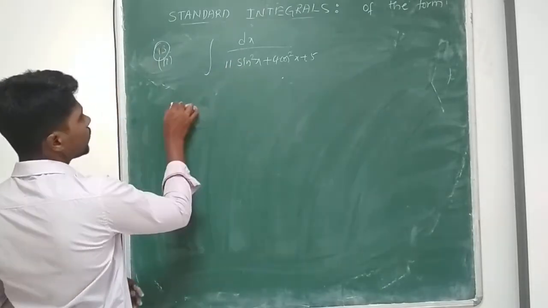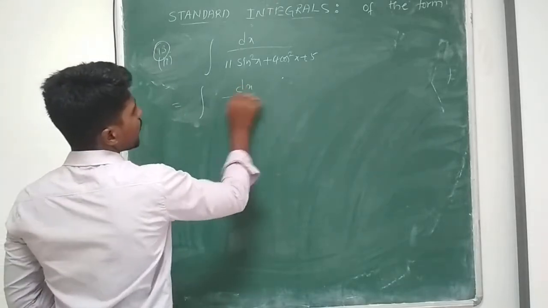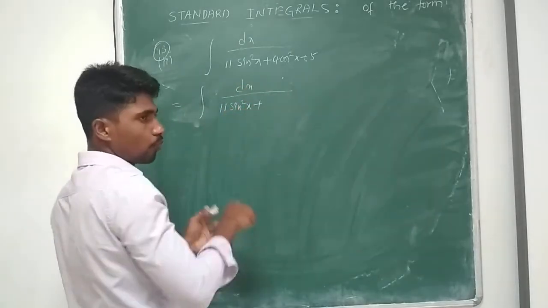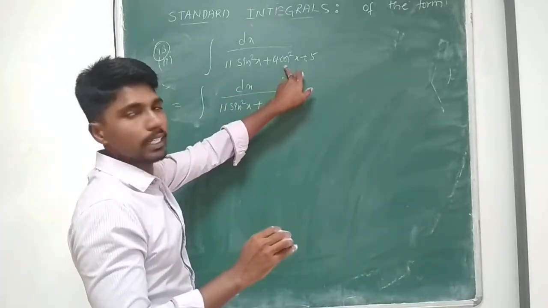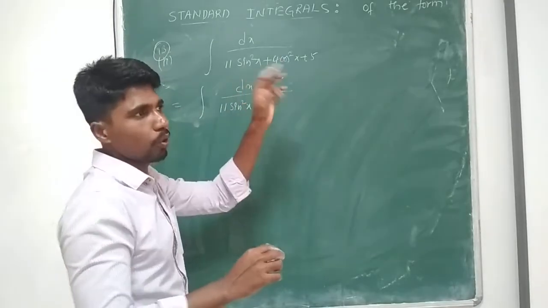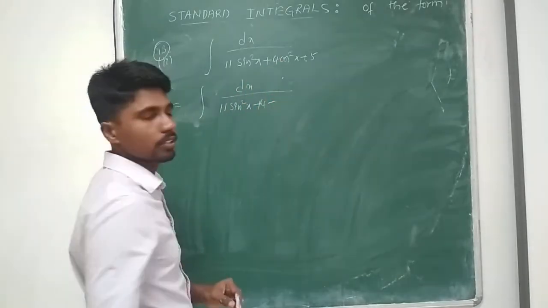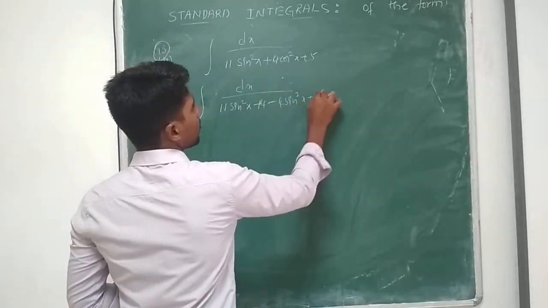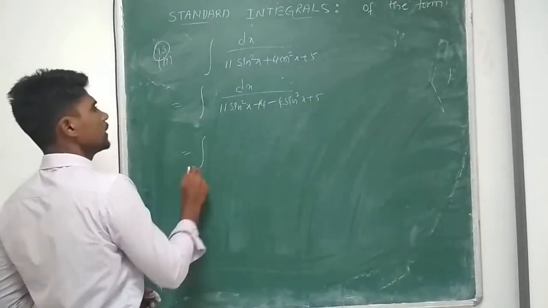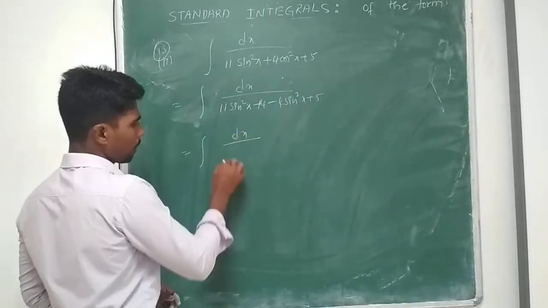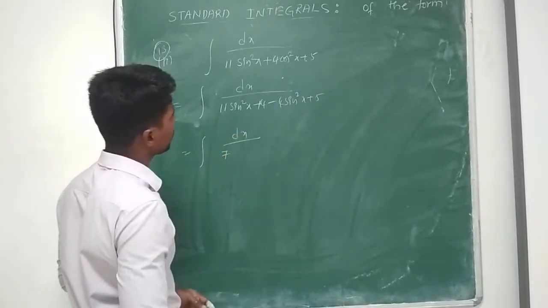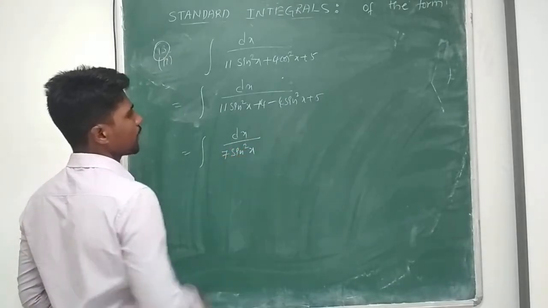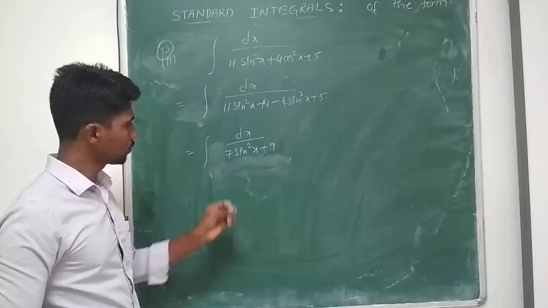Then this is reducible to the form integral dx by 11 sin square x plus 4 into cos square x, which can be written as 1 minus sin square x. 4 into 1 is 4, minus 4 sin square x, plus 5. Integral dx by 11 minus 4, 7 sin square x, plus 4 plus 5.